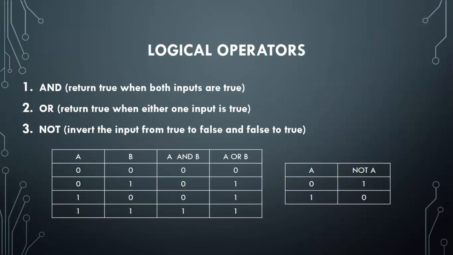Here is a table of logical operators with example for AND, OR and NOT. What is AND operator? AND evaluates to true if both inputs are true. And second one is OR. It returns true when either one input is true, which means if there are multiple inputs and only one input is true, then our operator evaluates to true.